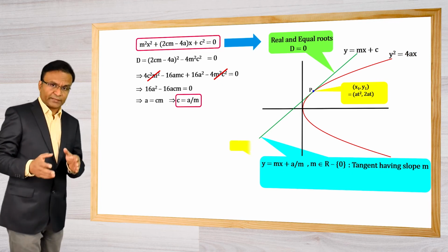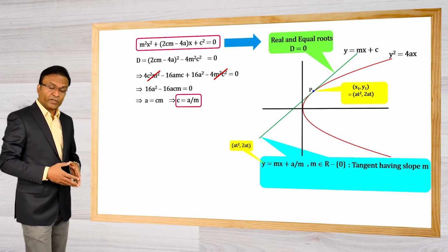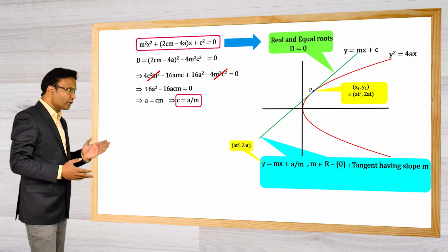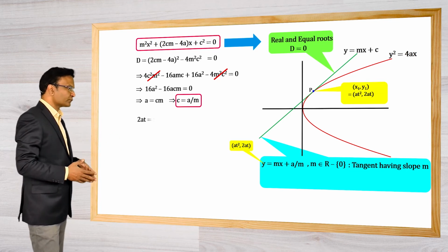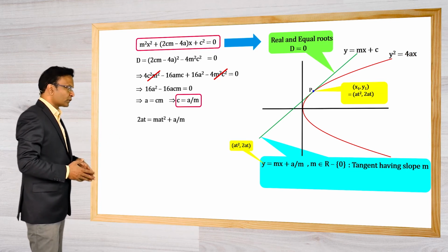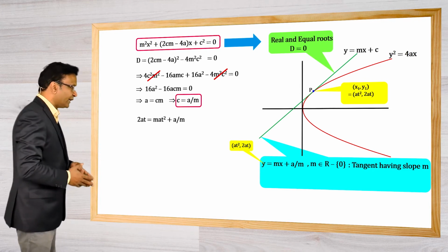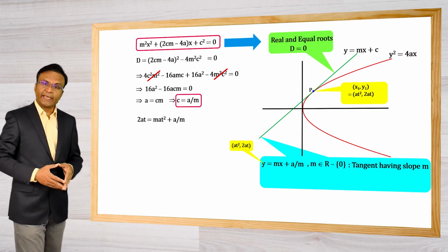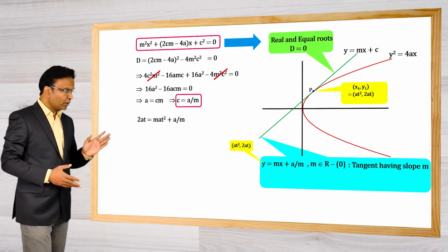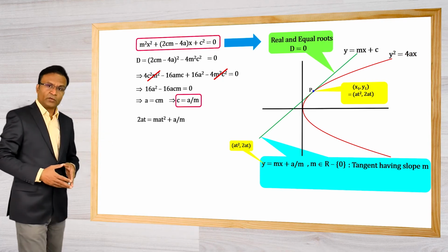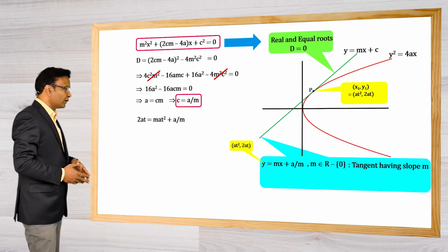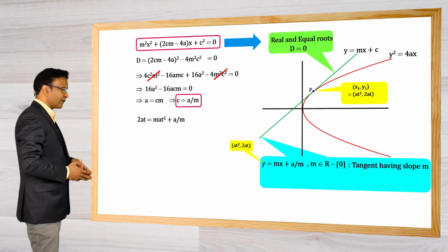Putting these coordinates a t square comma 2at in the equation of tangent, we get this equation. Okay, I am getting 2at is equal to m into a t square plus a upon m. From each term you can cancel out a and multiply both sides by m.